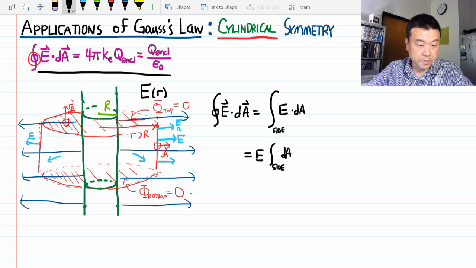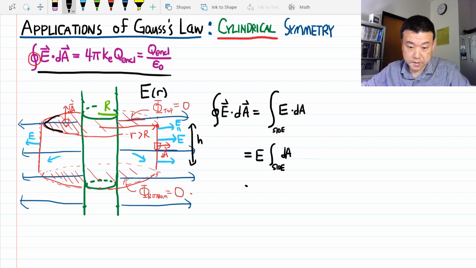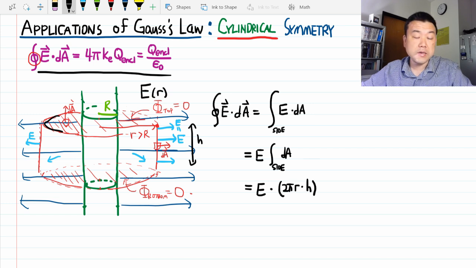Well, I have the circumference, which should be 2 pi r, lowercase r because we are looking at the Gaussian surface, times, I guess I have to give it some parameter, some height, h. So this is the left-hand side.